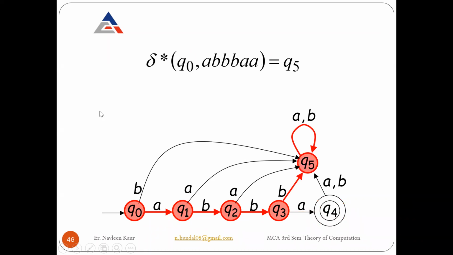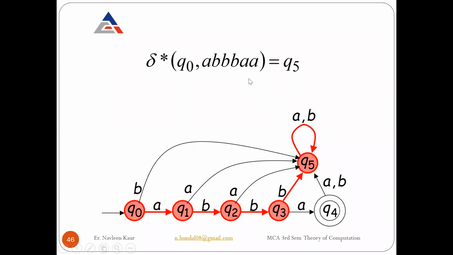Okay, one more example. A, B, B, B, A, A. So this is the input string, and you are providing it to Q naught. From Q naught, A takes you to Q1, B is given, it takes you to Q2. Again, one more B, Q3. Again, one more B, Q5.